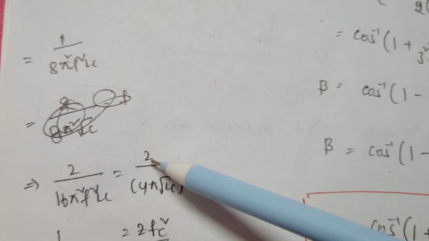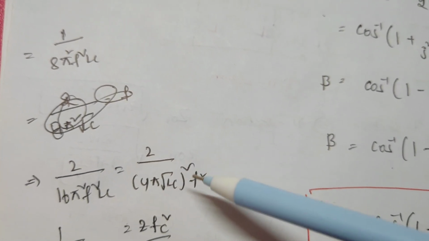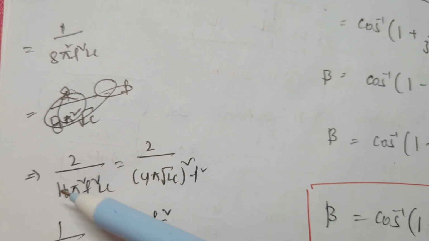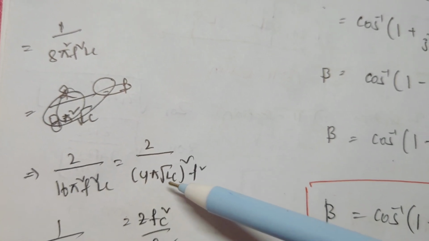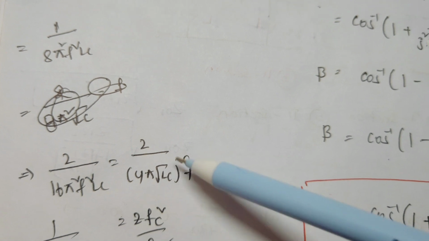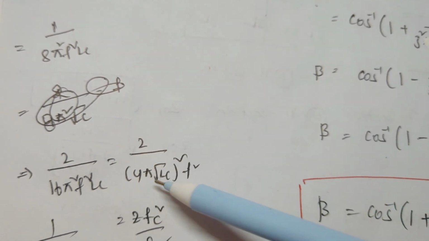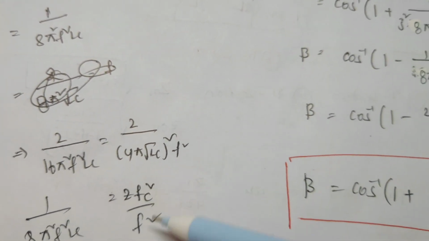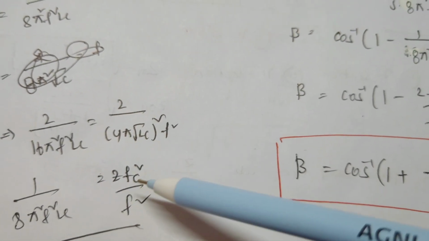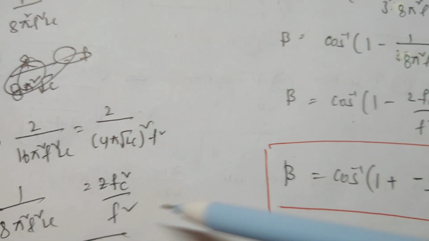So here I am taking all this in terms of square terms, so this is 2 by (4 pi under root LC) whole square, and we know that (1 by 4 pi root LC) whole square is fc square. So this entire term becomes 2 into fc square by f square.